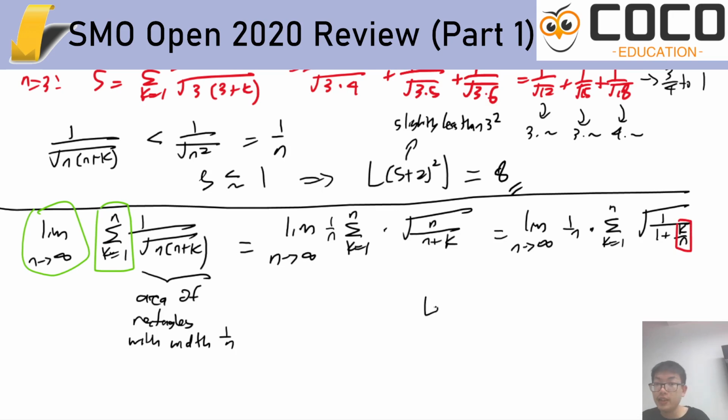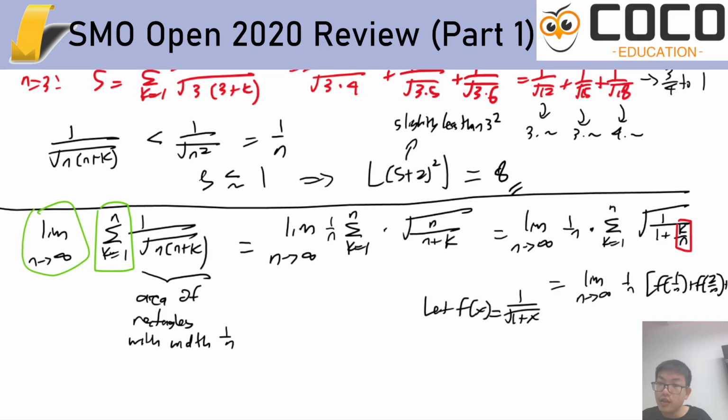If I let f(x) equals 1 over root 1 plus x, so that this is going to be my sum, then this is what we want. What we want is this.